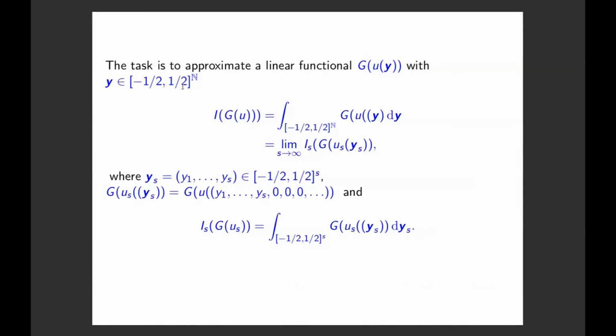And we want, for instance, to approximate the expected value, which I can write here as this infinite dimensional integral, and which we write as this limit of the dimension going to infinity, where this is just a truncated integral which we truncate after s terms.